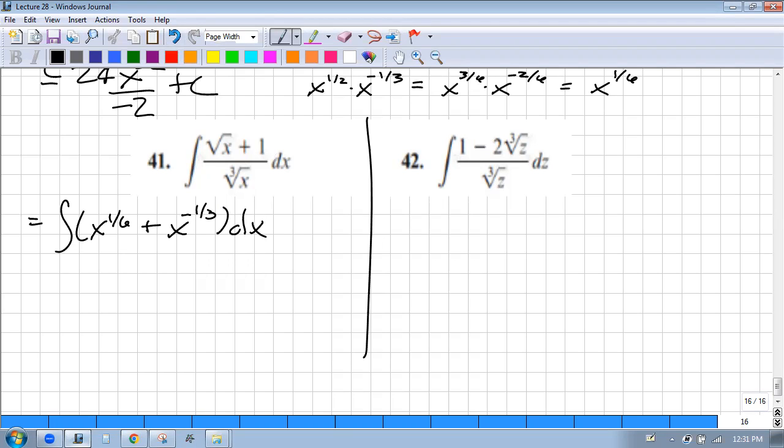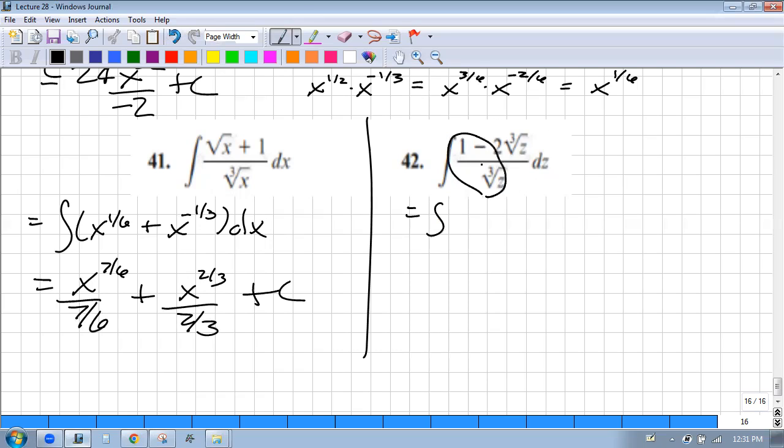All right? Does that make sense? Just algebra here. So we add 1, that would become 7/6 divided by the exponent. Add 1 to minus 1/3, that gives us 2/3 divided by the exponent, add a constant. Same thing over here. This is that guy. 1 divided by that, that's z to the minus 1/3.